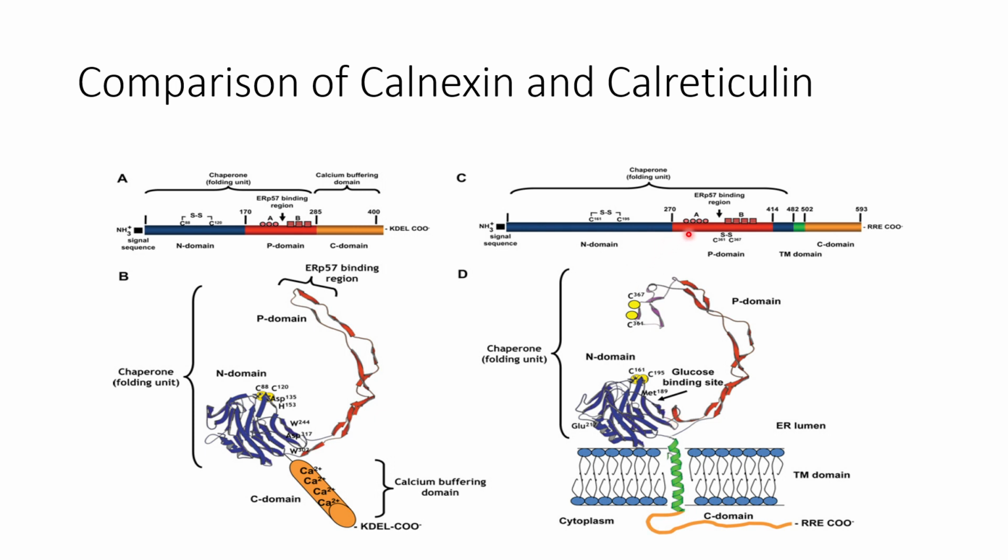and it has two types of repeats. One is represented by a pink circle, and another is represented by a pink square. This is the domain where ERp57 binding occurs. That helps the protein to acquire the native disulfide bond. After that it has this transmembrane domain.